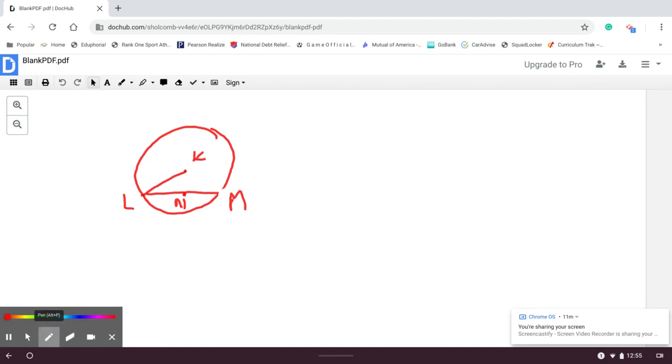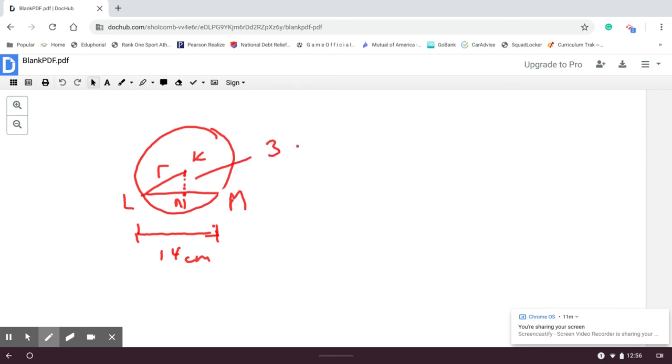So we're going to say that that's an R. We're going to try to find that measure R. And then it also says that from L to M there is a distance of 14 centimeters. Okay. And we know that from K to N right there, that is 3 centimeters.